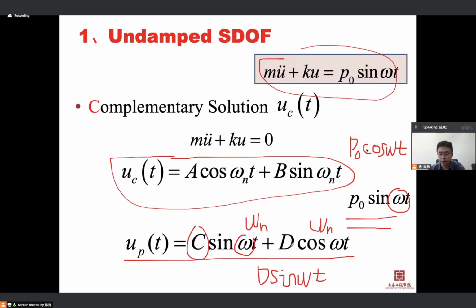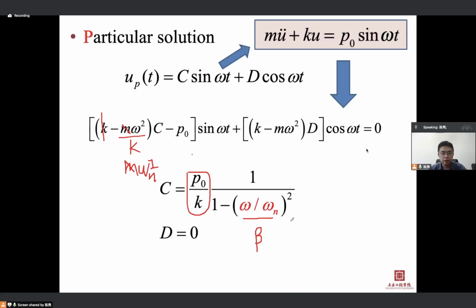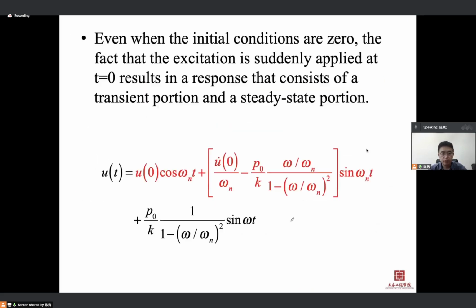This is not attainable and not allowed by the mathematical theory. We need to change the form of the particular solution, because in this case the two have the same form. We need to use a different particular solution. Otherwise, they become the same. This is from mathematical theory.